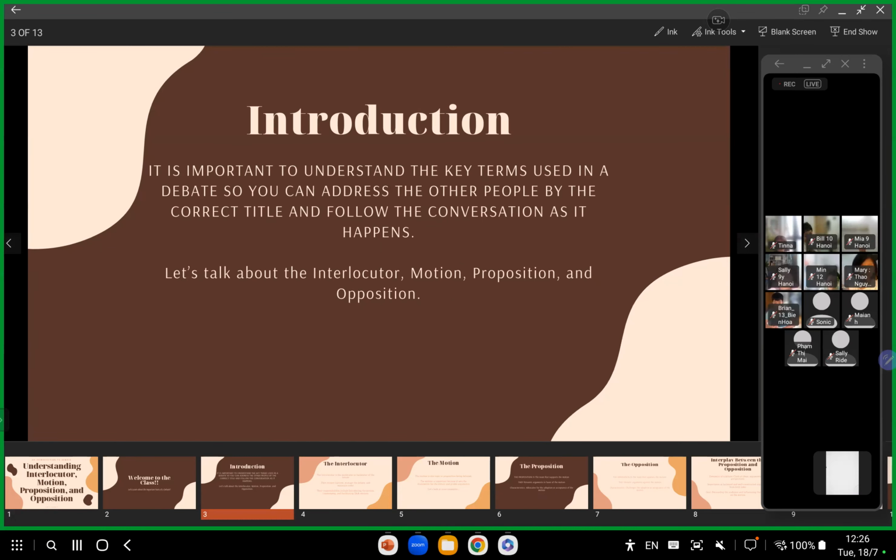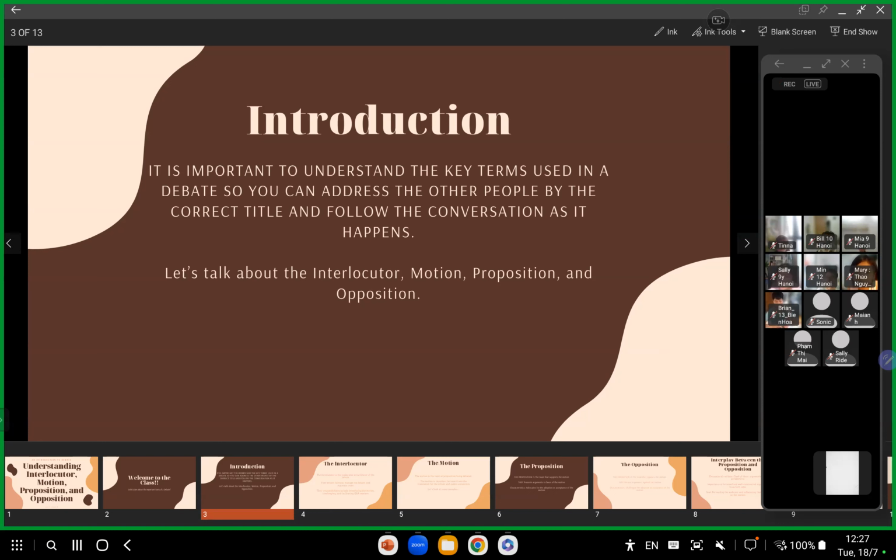It's really important to understand these key terms that are used in a debate, because if you know what they mean, and in the interlocutor's case, who they are and what they do, then really we're able to do anything in a debate because if we're not sure of a rule, we can ask the interlocutor.